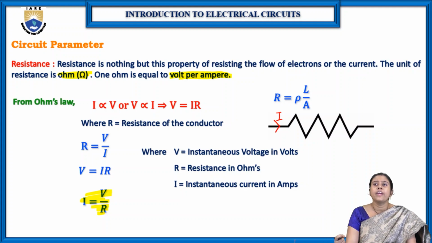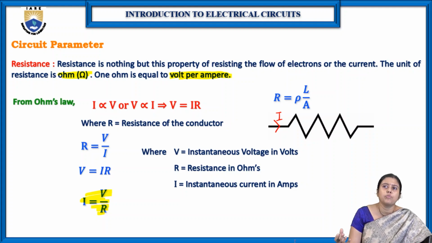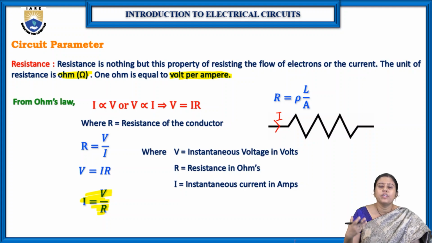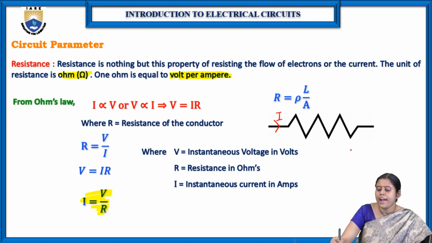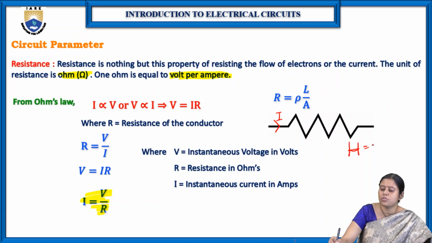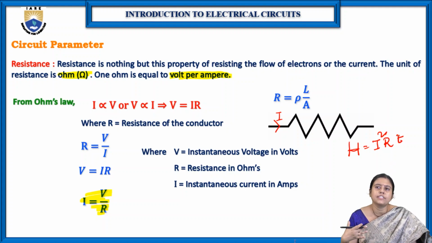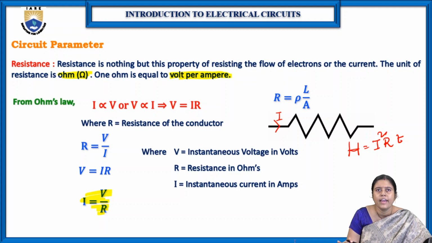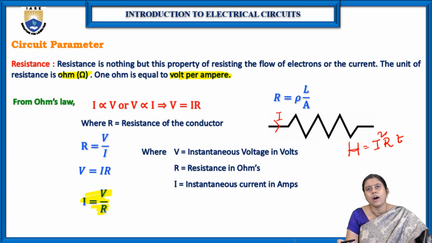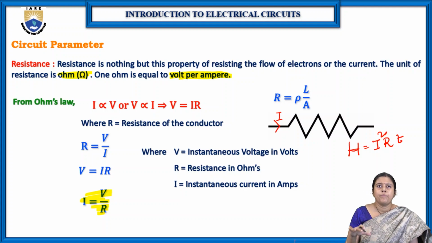When current flows through the nichrome wire, it creates energy, and according to Joule's law, the heat energy is equal to I square R into T. So the use of resistance is to dissipate energy.